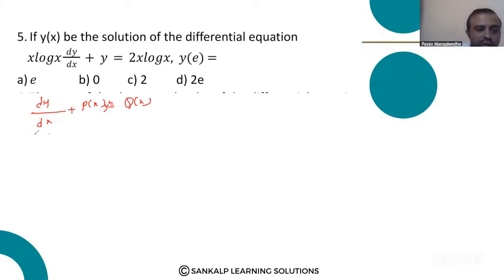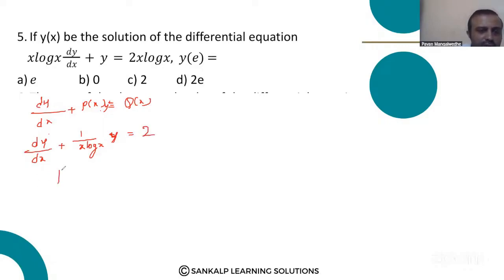So divide the equation by x log x. Let me try to understand what we are going to get, which is 1 by x log x times y is equal to 2.